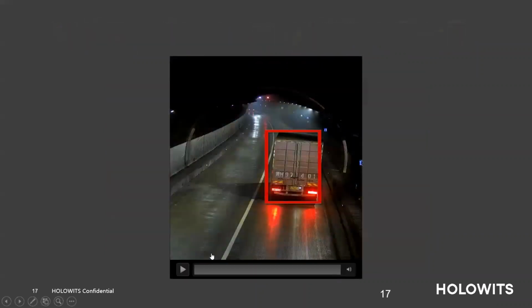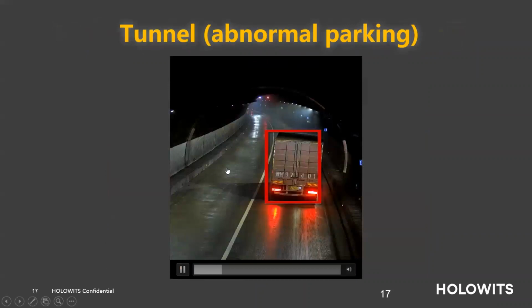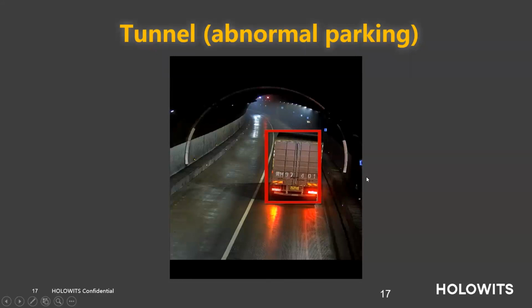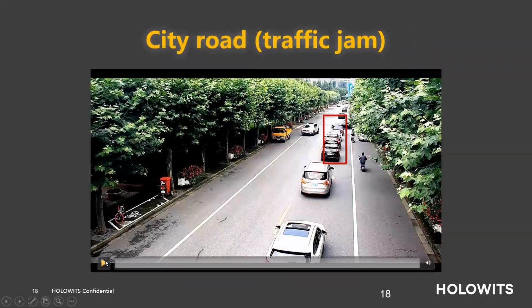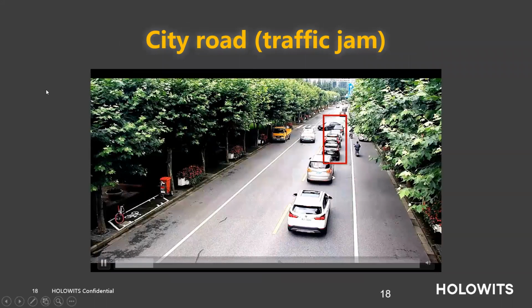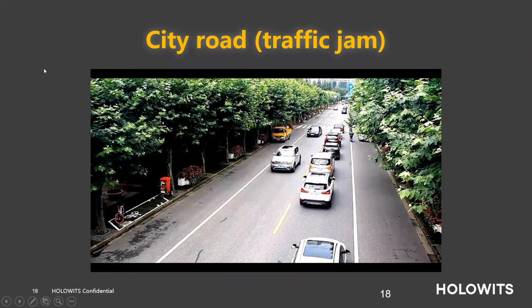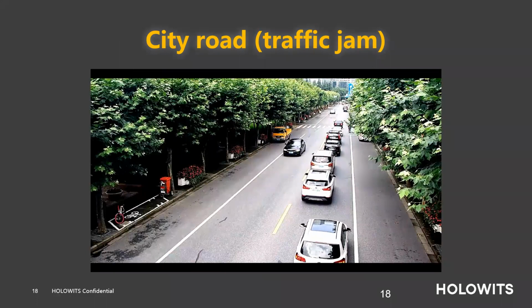For the second one, this is the tunnel. This is abnormal parking. When a car stops in the tunnel or on any road, we can detect this in time. And the third is the city road. This is the traffic jam function.